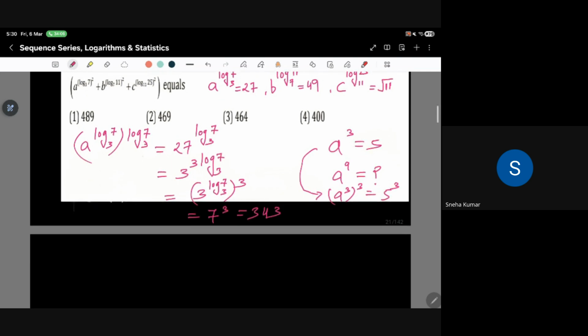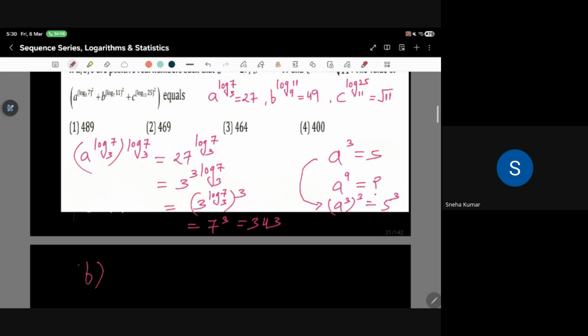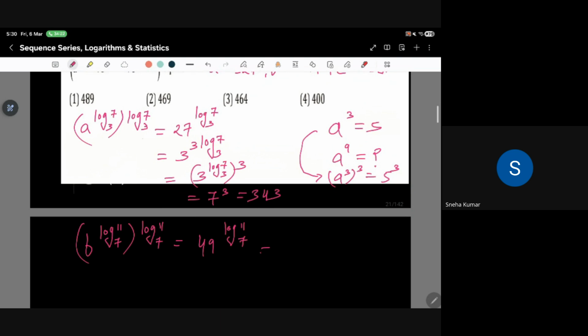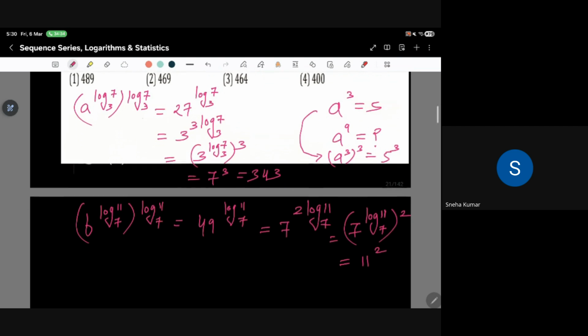Okay. In the same way, when you take both the sides to the power log 11 base 7, so this is 7 square, which can be written like this. So it becomes 11 square.